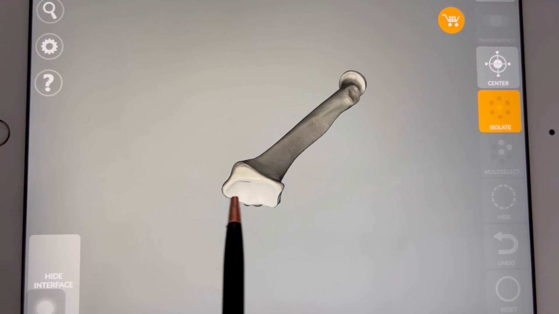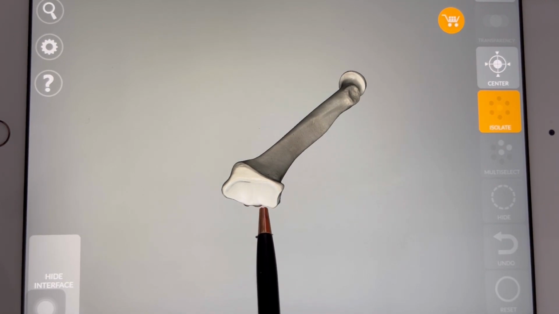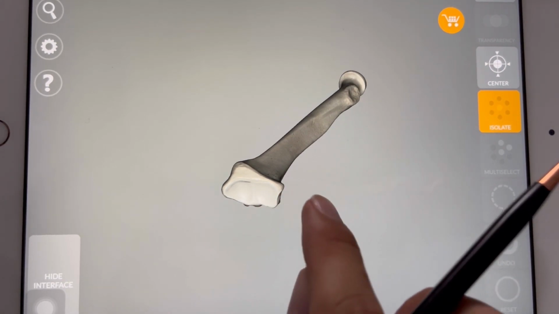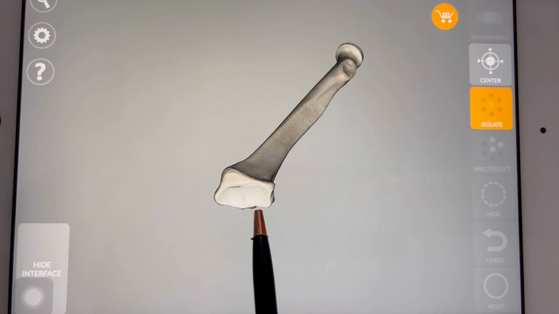The lateral side of the articulating surface articulates with the scaphoid bone, while the medial side of the articulating surface articulates with the lunate bone. The scaphoid and the lunate bone are the carpal bones.